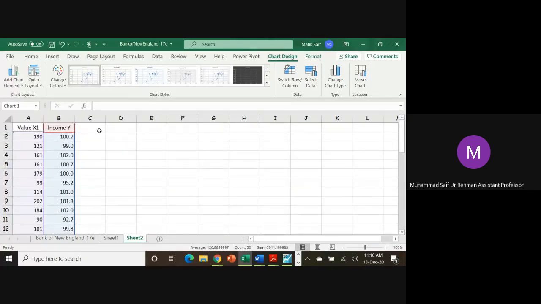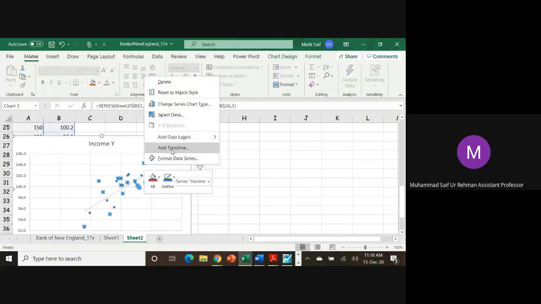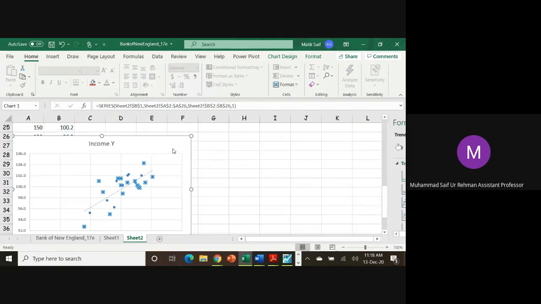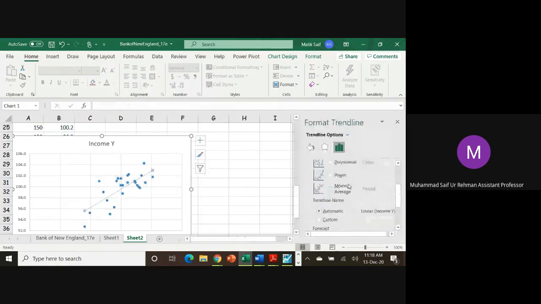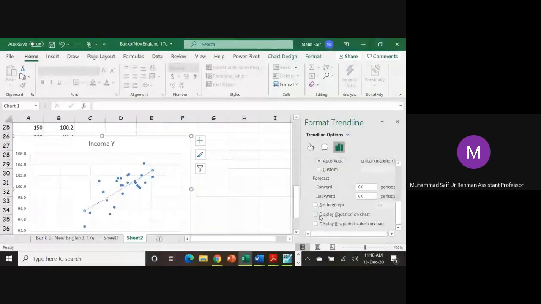So first of all, I'm also interested in having display equation on chart. Okay, so let us have this equation. From this equation, you have the values of beta. Can you see this figure?